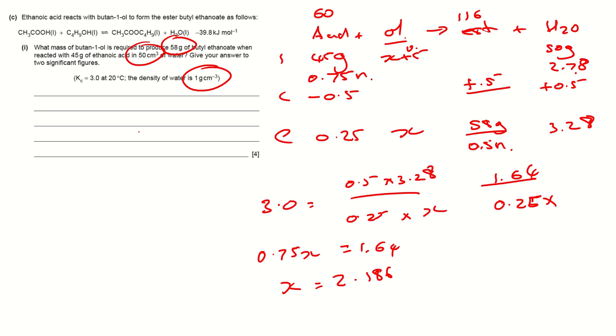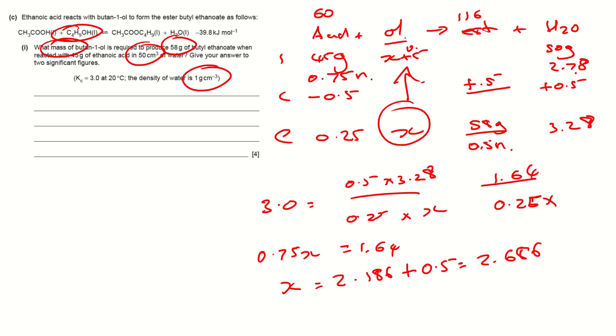Now I've been asked for the mass of butanol. At the minute I've got moles of butanol at equilibrium, but remember, that is X. The moles of butanol that I had to start off with had to be X plus 0.5. So if I add 0.5 to that, that gives me 2.686.